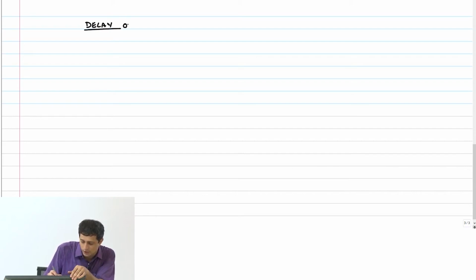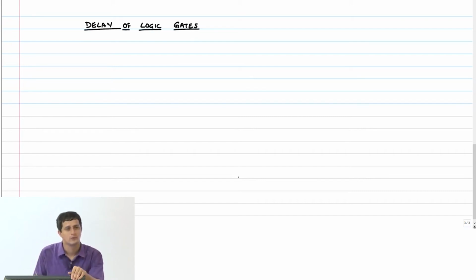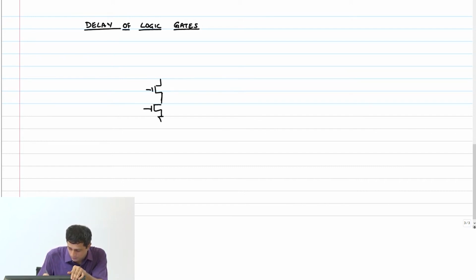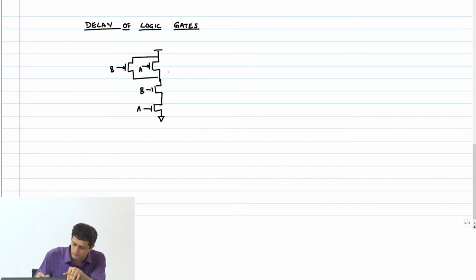So with that, we can now start calculating delay of logic gates. Let's start with a simple NAND 2 example. I want to calculate rise and fall delay.